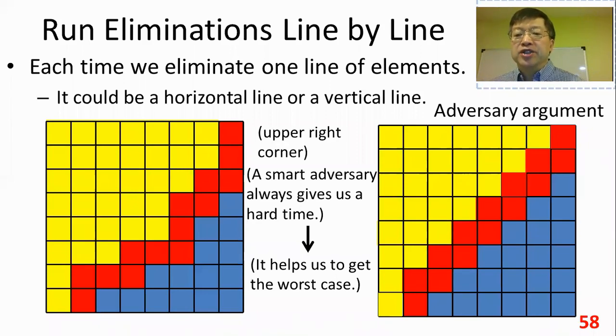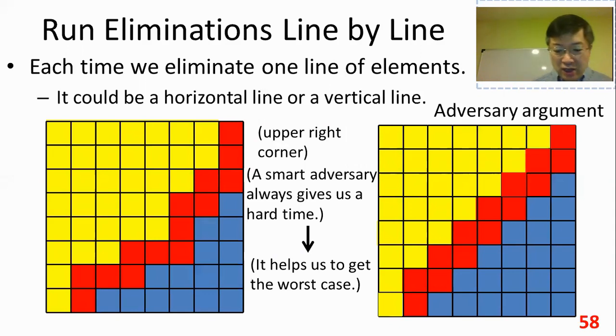For the general case, we also use adversary argument to get this worst case, and this is certain. You can see when we do this, there is no uncertainty, right? It is certain. That's good, because the adversary gives us that worst case. So this is a pretty smart thinking idea. We should learn it.